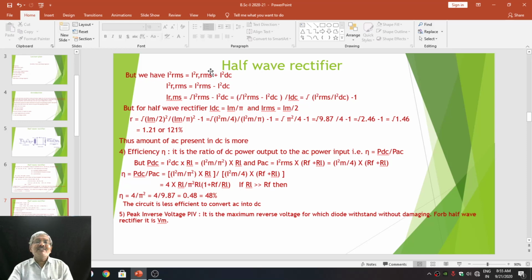So that's how we can write I square RMS equal to I square R RMS plus I square DC. By simplifying this, taking this term to the left side, we can write I square R RMS is equal to I square RMS minus I square DC. Taking square root on both sides, we get I R RMS is equal to square root of I square RMS minus I square DC.